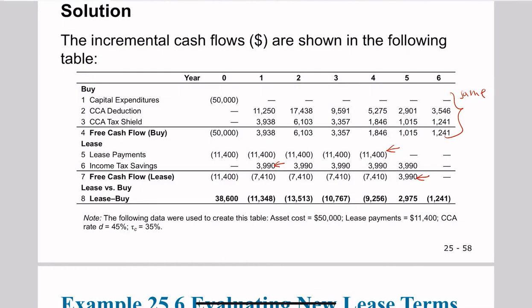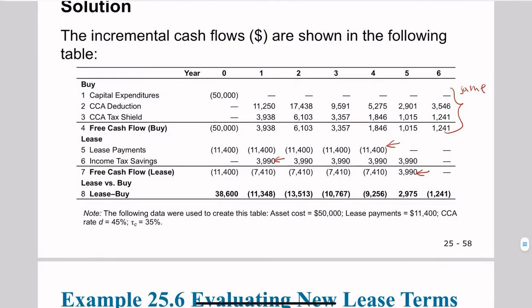And we will basically recompute the free cash flow from leasing. And then we will recompute the free cash flow from lease versus buy, right? This is pretty easy because you will basically use the cash flow from leasing minus the cash flow from buying, right? And then we would discount these cash flows.